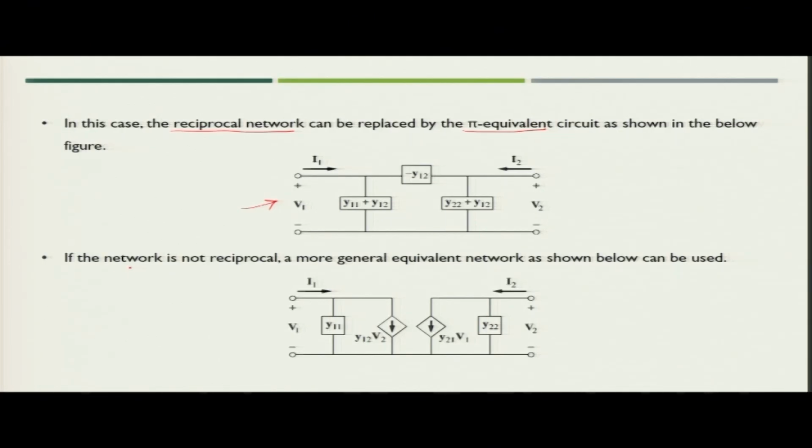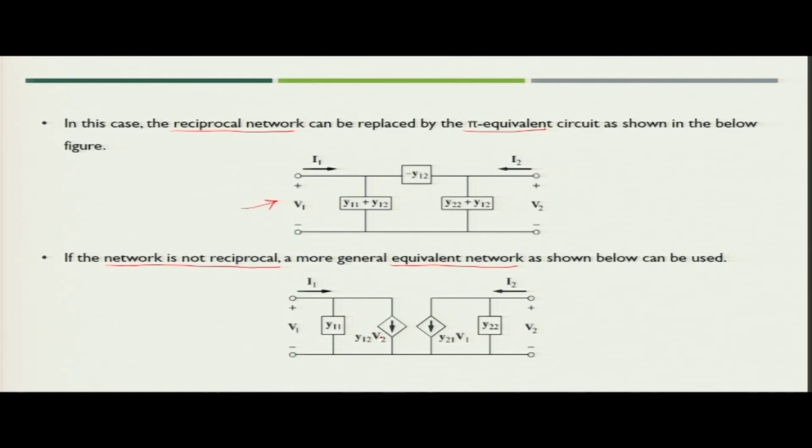Now, in general, if the network is not reciprocal and you want to represent the circuit in the form of an equivalent network, you can use the following figure.